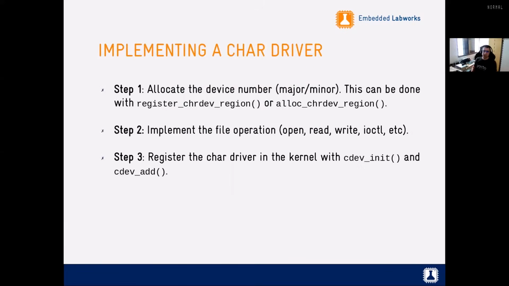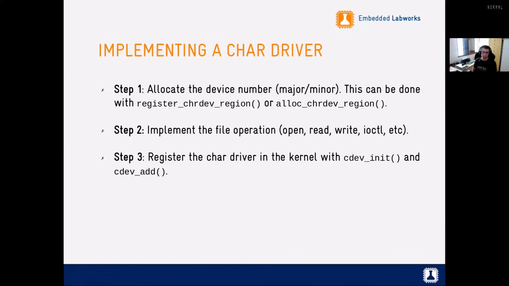Those are basically the 3 steps to write a CHAR driver. Again, we will not go much deeper on this, but the idea is to basically understand how that works. We need to allocate the device number, the major and minor number. That's the first thing that you would do in a CHAR driver, and then you implement the callbacks.